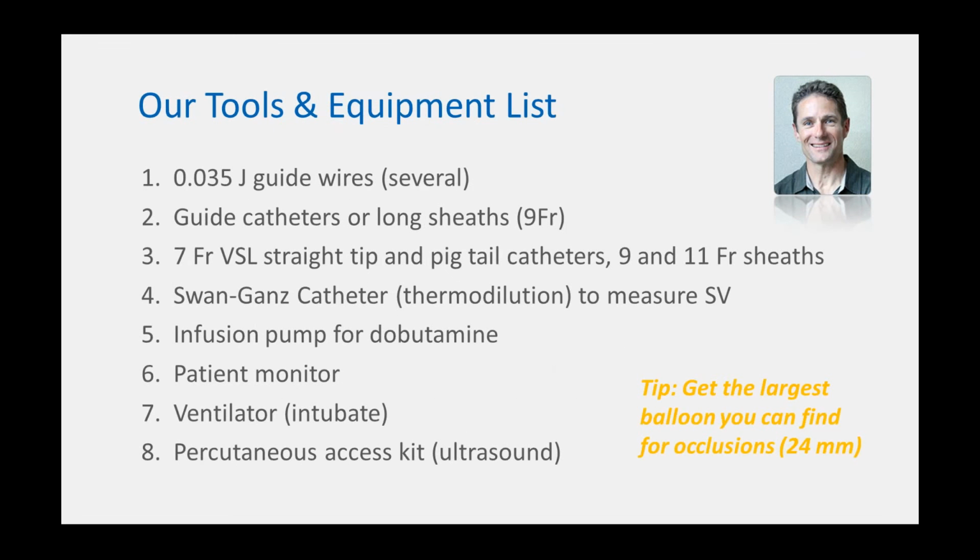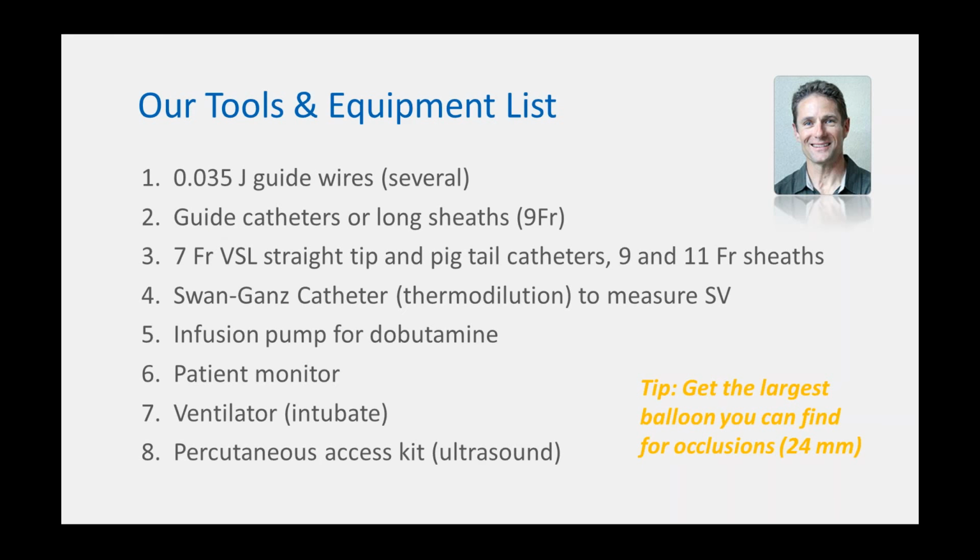I'm going to give you a real brief introduction to our tools and equipment, and as Philip mentioned, he has a much more extensive guide that he shared with you as well. That's quite excellent. We use the 035 J guide wires. They're stiff enough but flexible enough to get where we need to go. We use either guide catheters or long sheaths to help deliver the catheters into the right place.